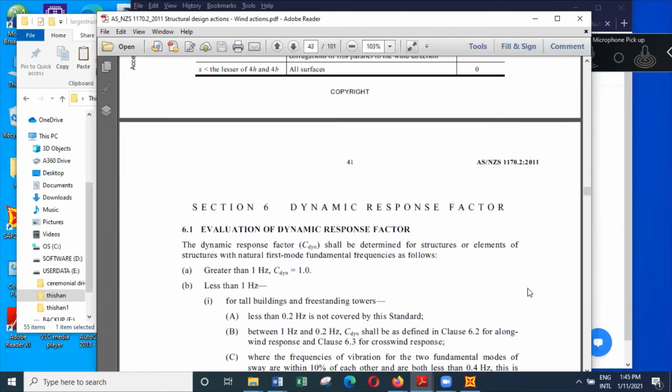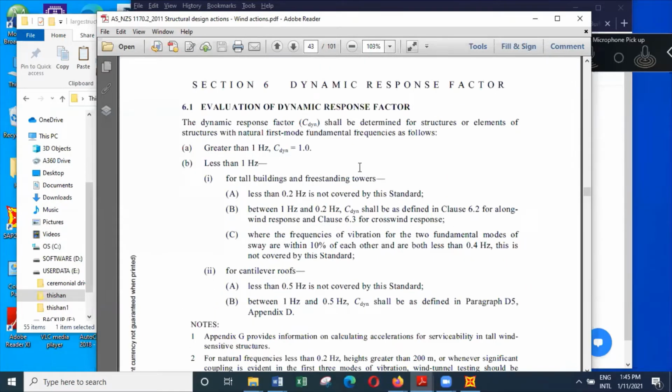And then we come to the tall buildings, and in this particular code, any building having a natural frequency of less than 1 Hertz is considered a tall building or wind sensitive building.